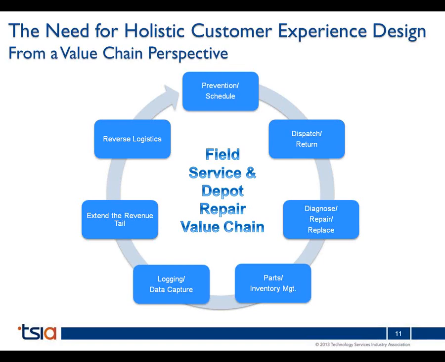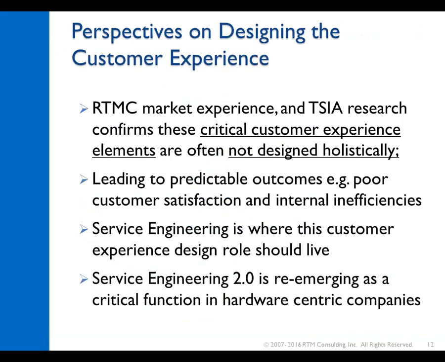That was helpful, and again, a different perspective, but equally important to the purpose we're trying to address. Just to summarize this section, the key message both of us want to deliver is that, critical to the customer experience, these elements are not always designed holistically.